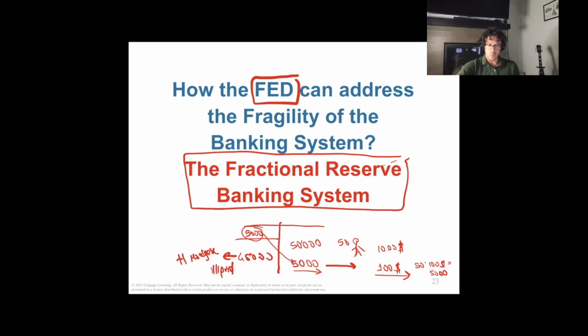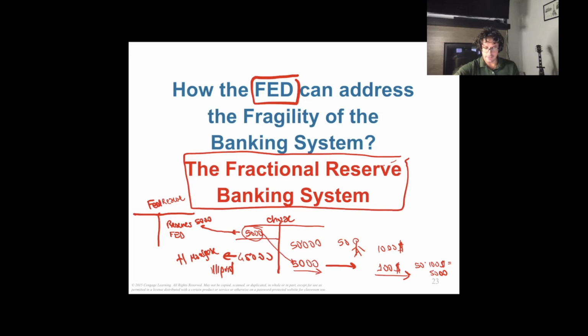Now, where can banks like Chase invest this $5,000 in very liquid assets? Well, they put these assets in the balance sheet of the Federal Reserve, in terms of reserves at the Fed, $5,000.